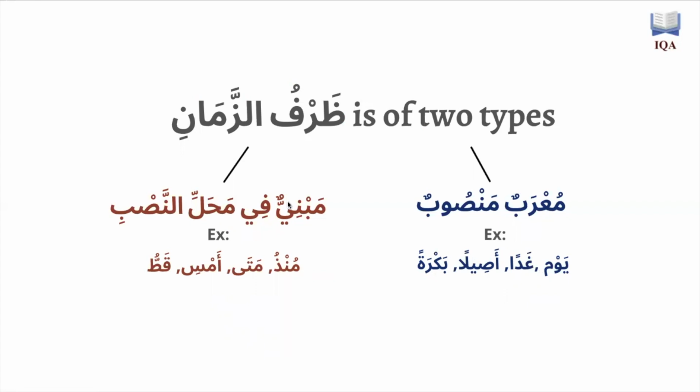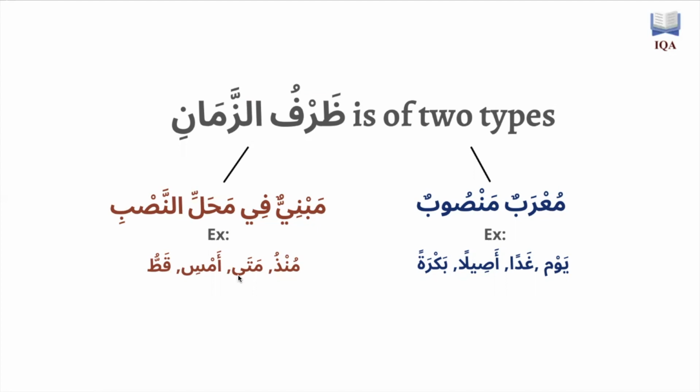But there are some ظروف that are going to be مبني في محل نصب. They're going to be stuck on a fath or on a kasr or on a dhamma, if you will, but they're going to be in the position of nasab, like منذ. منذ is مبني على الضم, it's stuck on a dhamma, it never changes, but it's in the position of nasab, so it accepts al-i'rab al-mahalli.